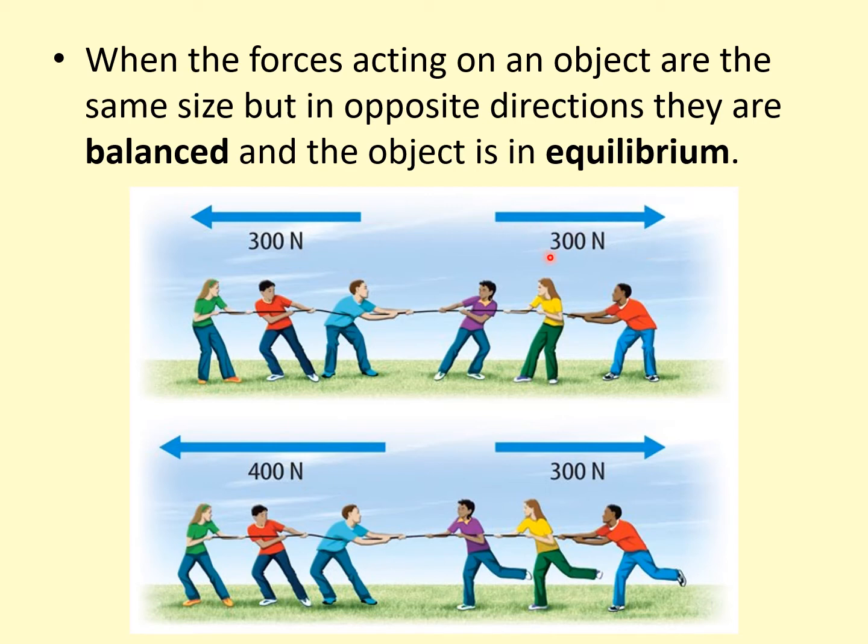Those forces are the same size, but they're acting in opposite directions, left and right. So the object, in this case the tug of war rope, is in equilibrium, and those forces are balanced. We'll talk about this part of the diagram a few slides later.